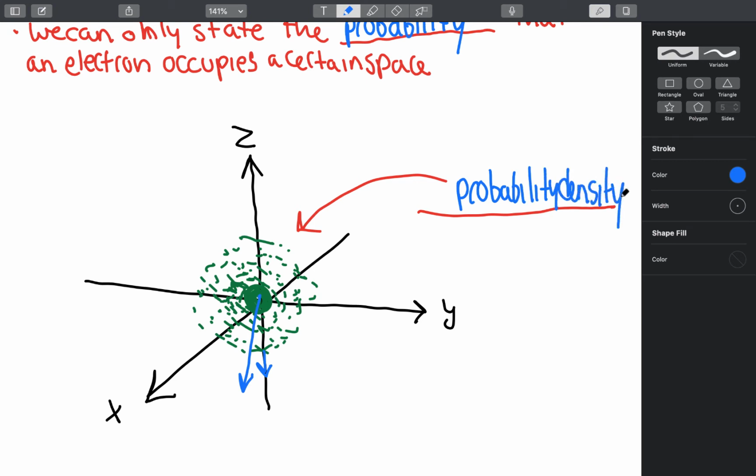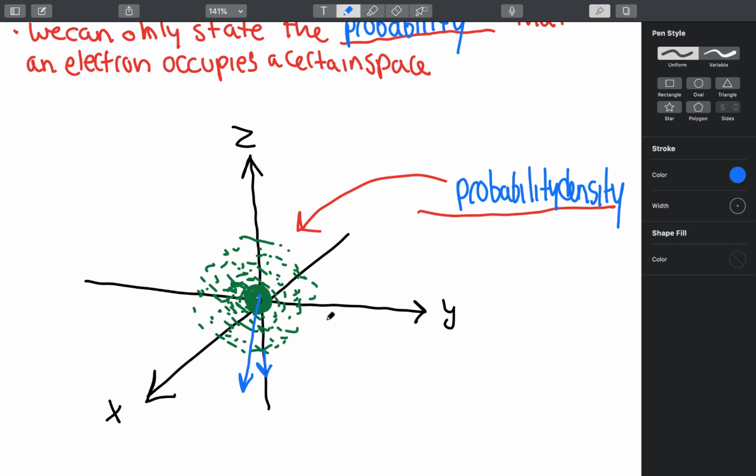So probability density. In this figure, I am showing you an example of a probability density. You see all these green dots, and these green dots correspond to the probability density of the atom. So what is the probability density?